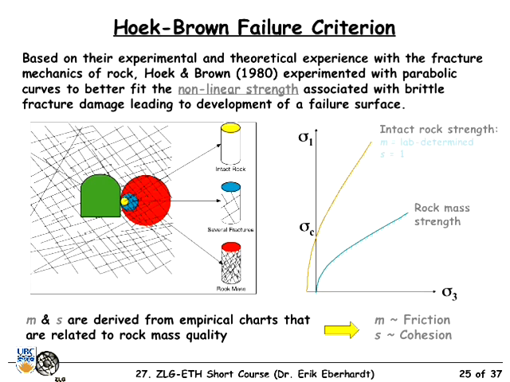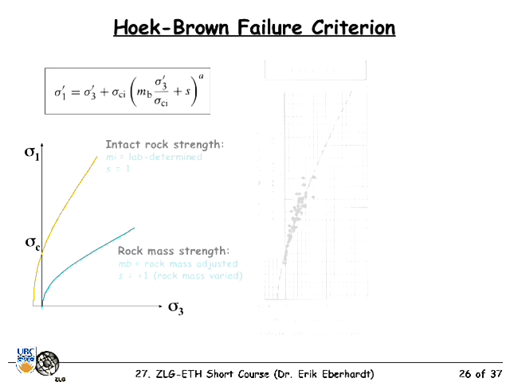In a sense, the two key parameters, m and s, can be equated. They're not exactly equal to, but m is sort of equated to a frictional parameter, and s, in a sense, is equated to a rock mass coefficient. You have an s value of 1 for intact rock, and then the more fractured the rock, looking at the rock mass in general, the lower the s value.